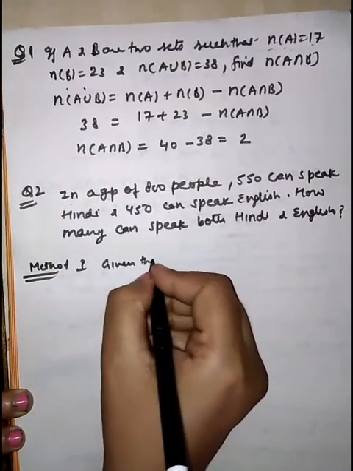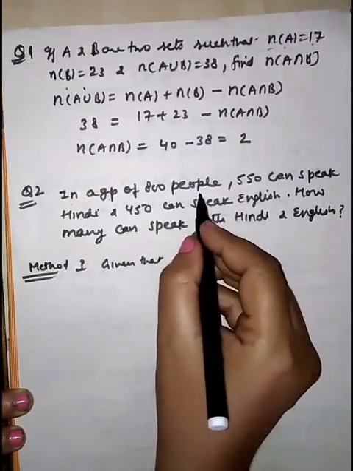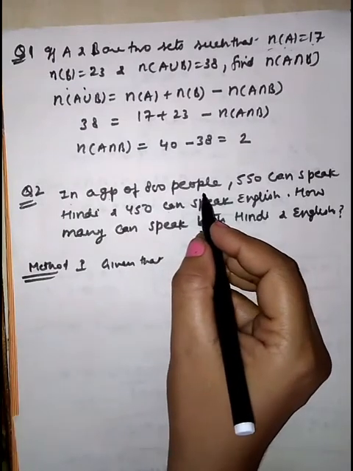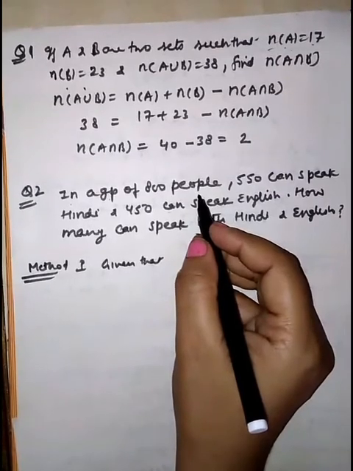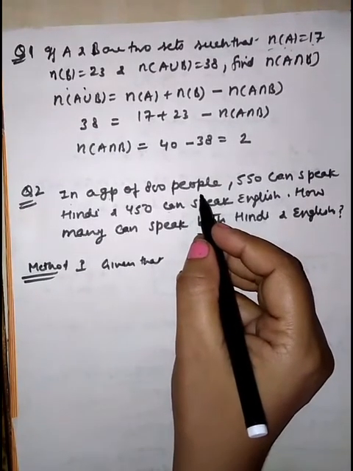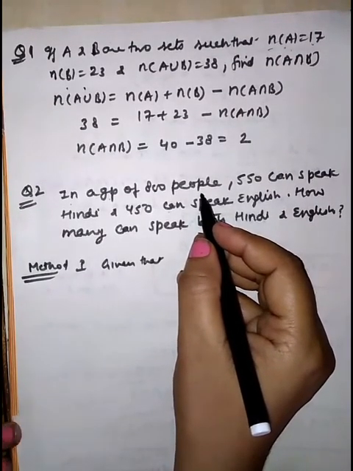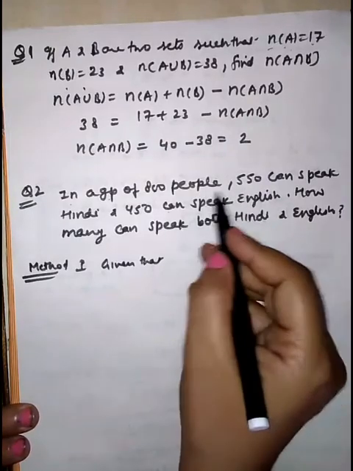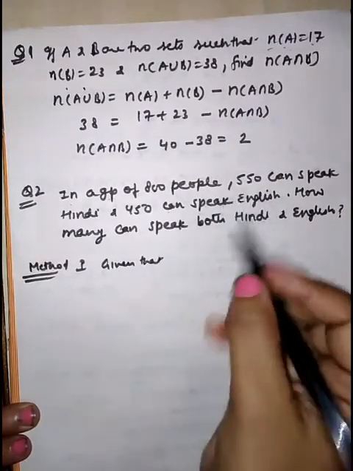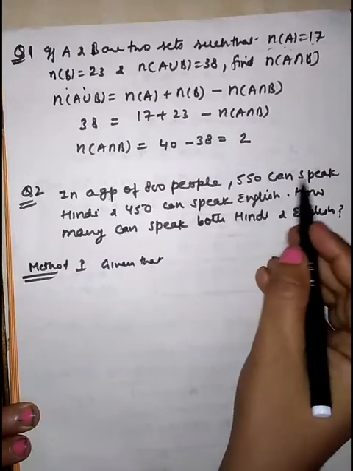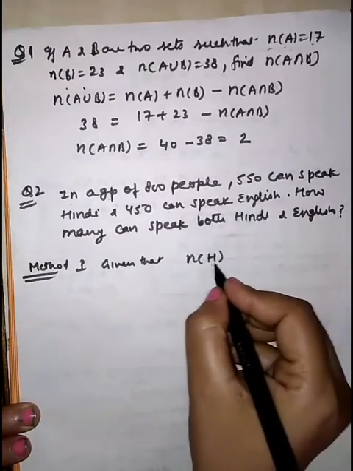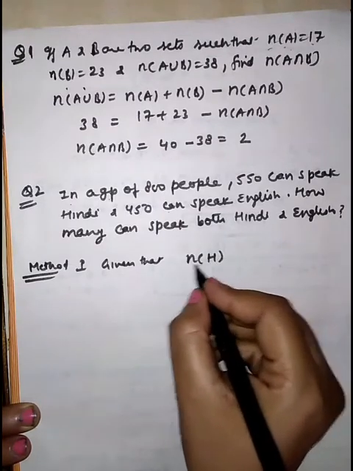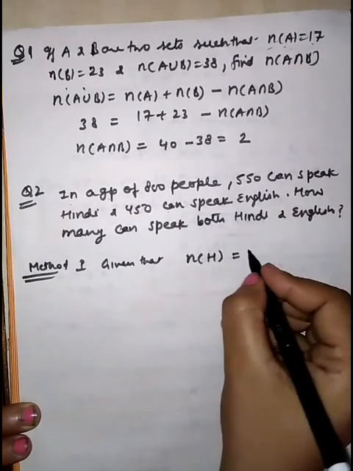Given that 800 people, it means you are given the total value, and 550 can speak Hindi. I'm using H for denoting Hindi. n(H) is given as 550.